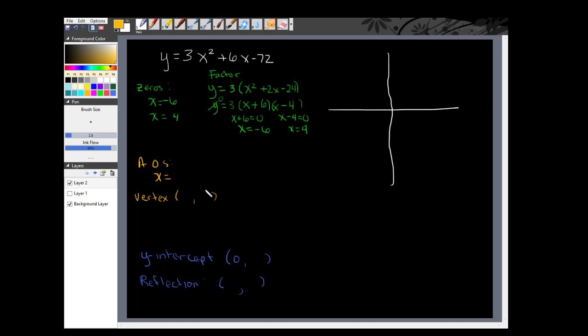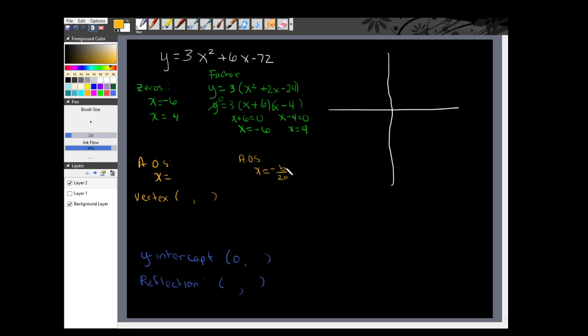Alrighty, so now for the axis of symmetry. To find the axis of symmetry itself, I'm going to be using the formula x equals negative b over 2a. Now, another thing you can do is find the halfway point between those two zeros. That's another option. Often it's easier just to look at that and find the halfway point.